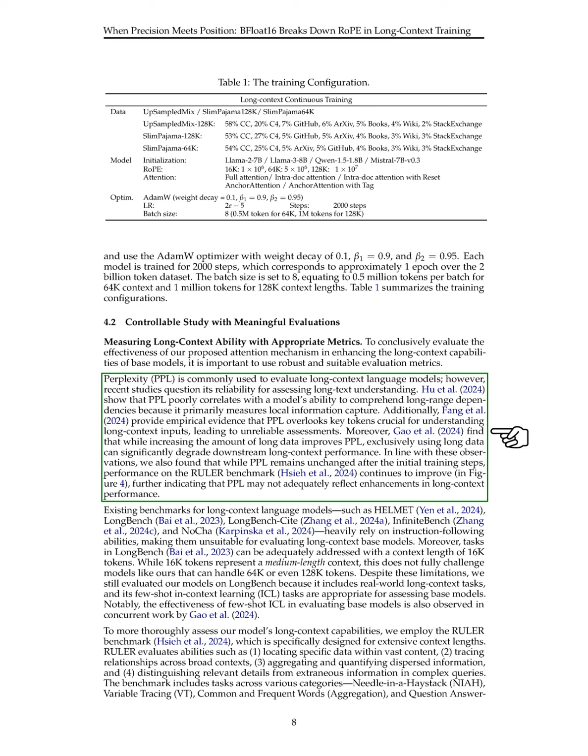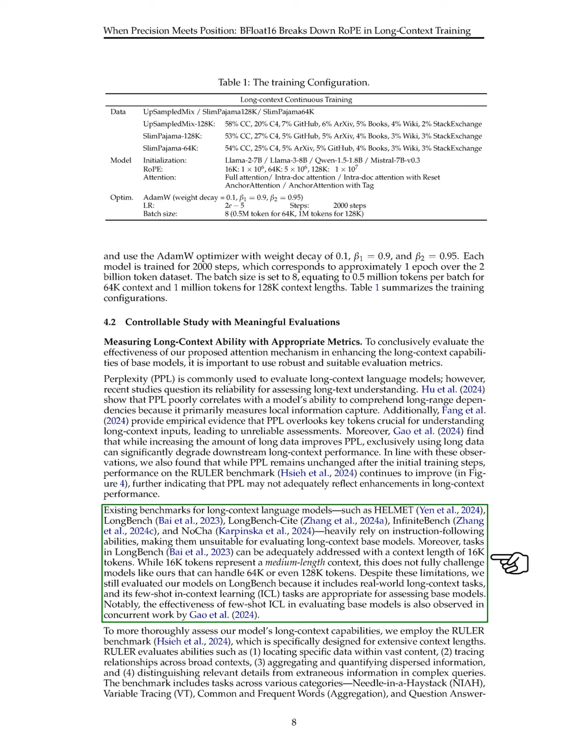We also found that increasing long data improves PPL, but relying solely on long data can hurt downstream performance. Our observations indicate that while PPL remains stable after initial training steps, performance on the RULER benchmark continues to improve, suggesting PPL may not accurately reflect enhancements in long context performance.